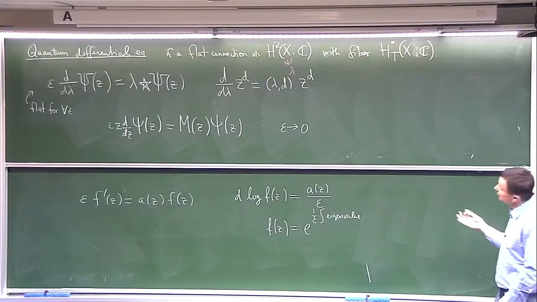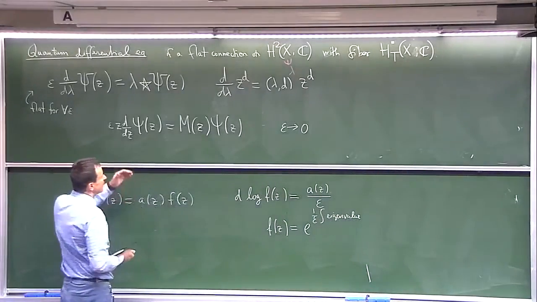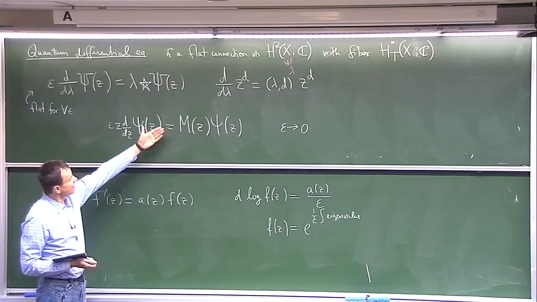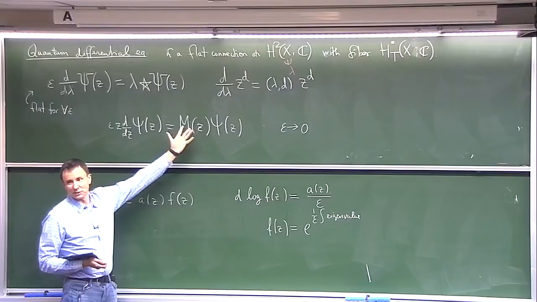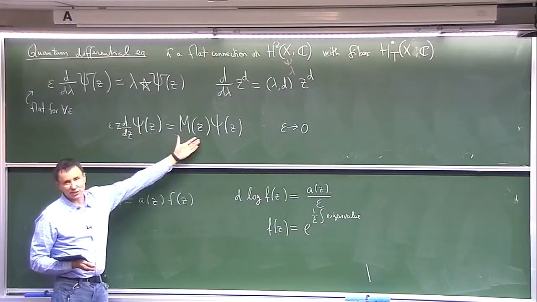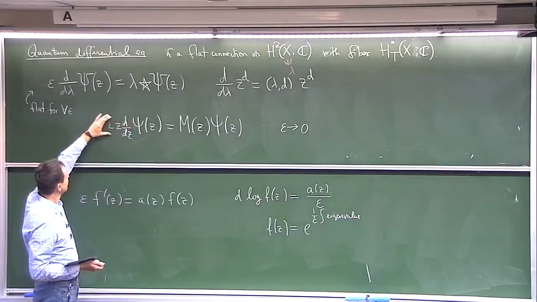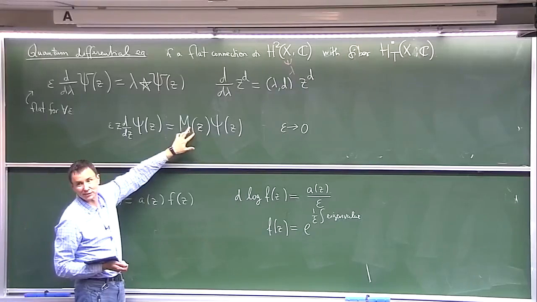Now, if you're solving a differential equation, it's not so useful to diagonalize this matrix M. But if you're doing this sort of asymptotics, it certainly is very useful to diagonalize it. Why is it not useful to diagonalize the matrix if you try to solve differential equations?